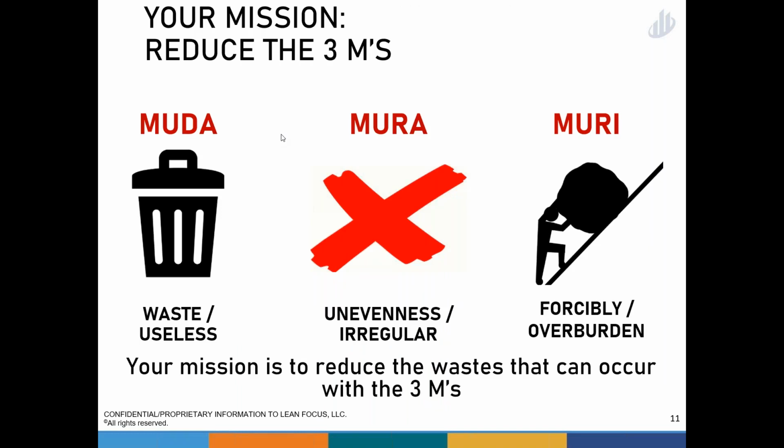So much like in the lean environment and operations, we talk about the 3 M's of waste, okay? And these are Japanese terms, right? Muda, waste, right? So things we're doing that are not adding value to the process. Mura, which is unevenness or irregular, right?